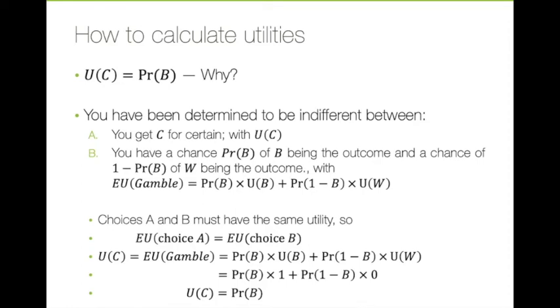In the second to last line, we plug in the utilities of the outcomes B and W. Since the utility of W is 0, that term's going to cancel out. Since the utility of B is 1, that just gives us the probability of B. Anything times 1 just gives you itself, right? So the utility of the outcome C just is equal to the probability of B in this particular gamble. And that's just what we said from the start.